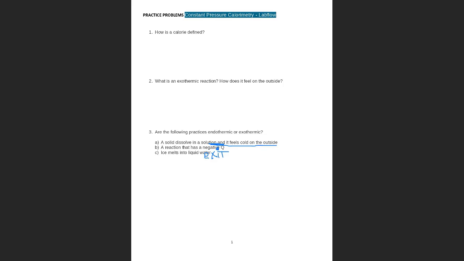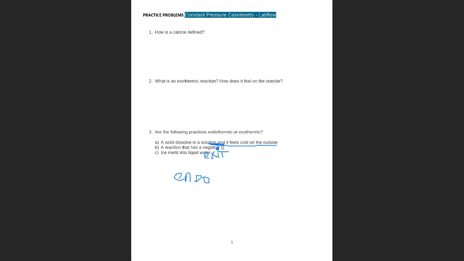So if a reaction is exothermic, it releases heat and it feels hot on the outside. But if it's endothermic, it's the opposite. Endo basically absorbs heat and it feels cold on the outside. So those are questions that you might encounter.